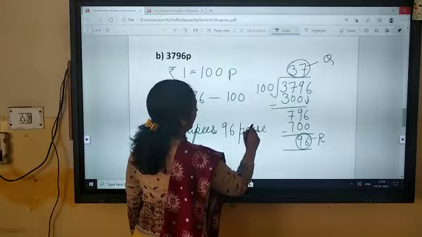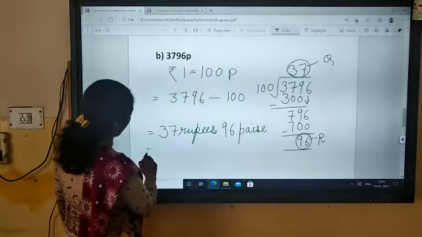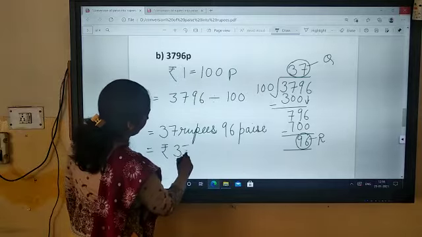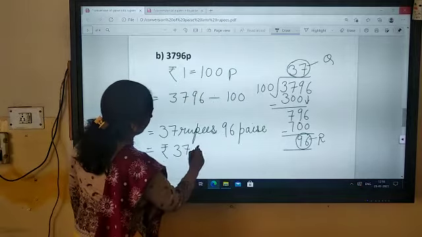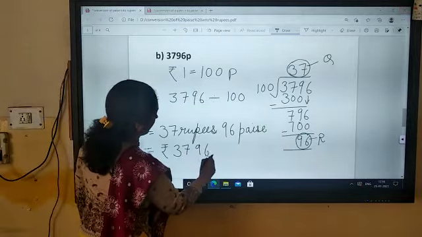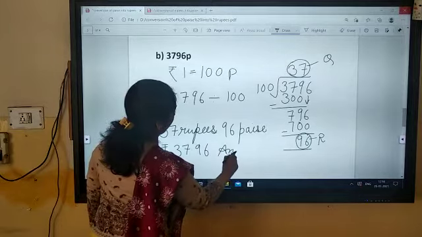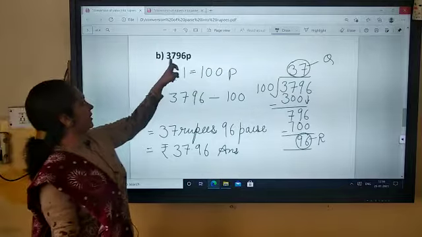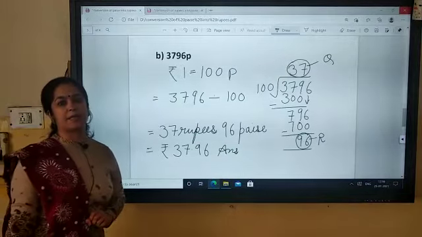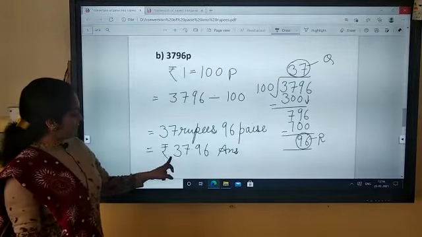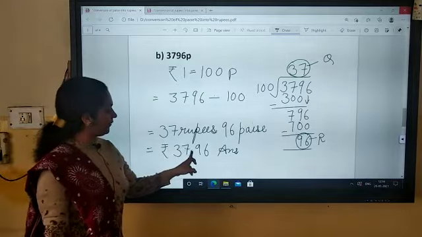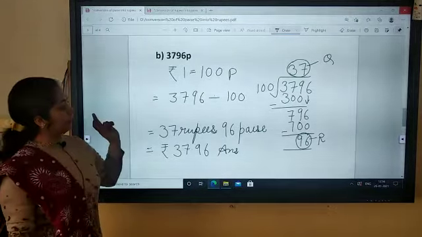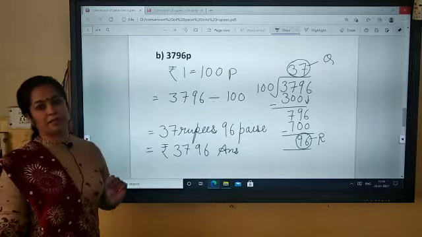We write this answer in short form, rupees 37.96. So when we convert 3796 paise into rupees, we get rupees 37.96.